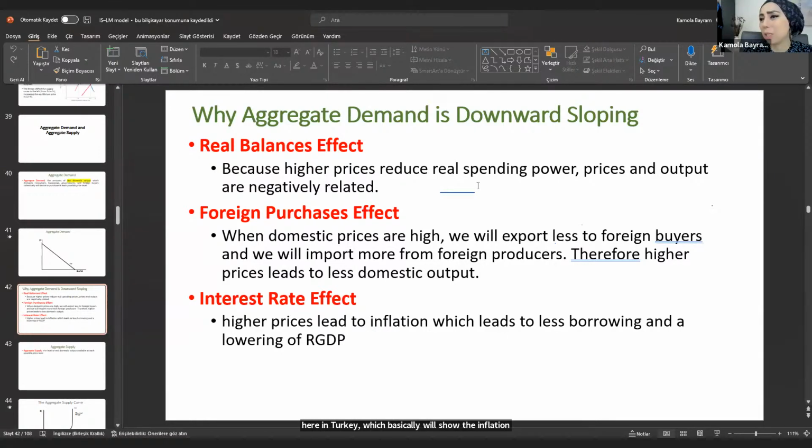Like the price of cheese, the price of milk, or what people generally consume, right? When it comes to consumption goods, or the price of commuting, public transport, and so on and so forth. That should increase in all of them or most of them, and the increase should be continuing, constant. It's not a one-time increase, okay?